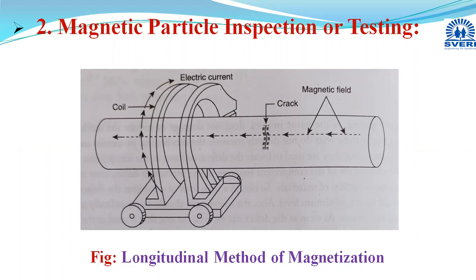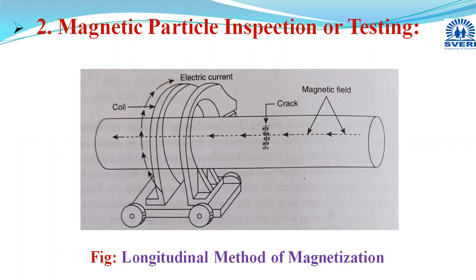After completing this test, we demagnetize gradually by decreasing the applied electric current. It is a very necessary step, otherwise it may create problems in the actual service life or practical use.